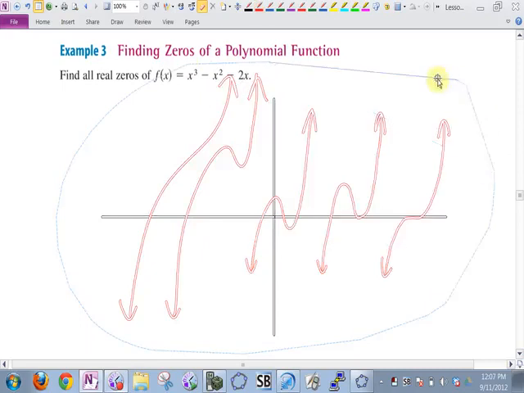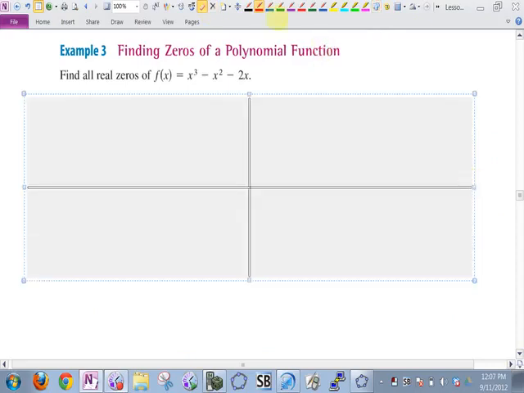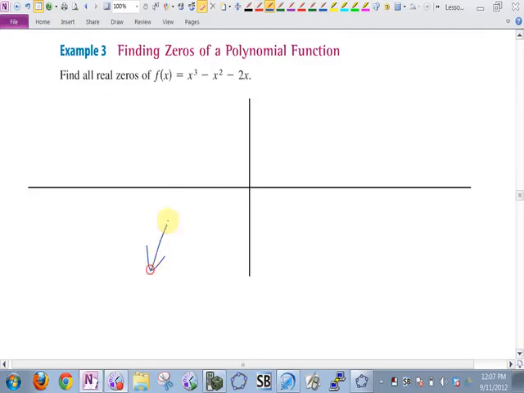What's the only way of knowing for sure? Because even if I graph it and look at the graph, I can get a better idea. But sometimes, what if I was really mean? Which I'm not, right? I don't ask trick questions, ever. What if I drew a graph that just barely went below the x-axis and immediately came back up like that, but you thought it was touching and bouncing away?